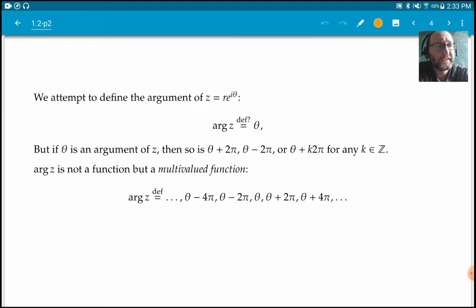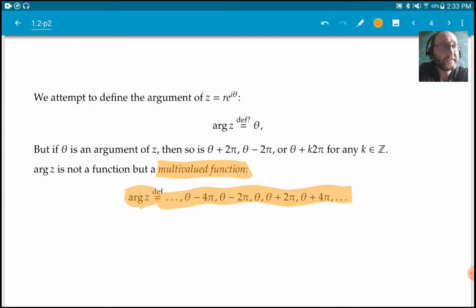You cannot just say it's that one number. It has to be all those numbers. So we really want to think of a multivalued function. The proper definition of argument is just all these numbers, and that's actually the right way of doing it.